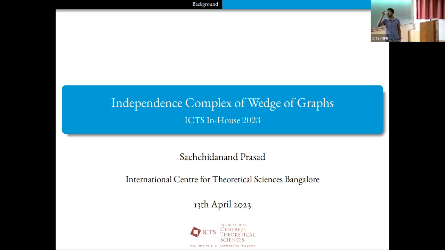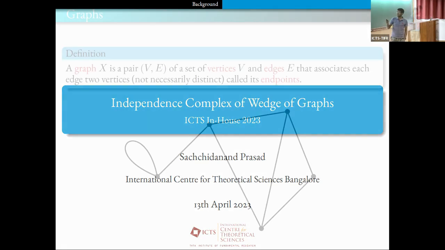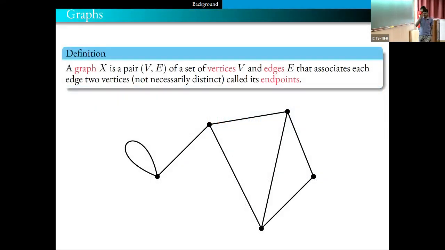Here I'll be talking about graphs, wedge of graphs, and the topological invariant called the independence complex of a wedge of graphs. A graph is basically a pair of vertices and edges. For each edge you have two vertices, and those two vertices need not be distinct.